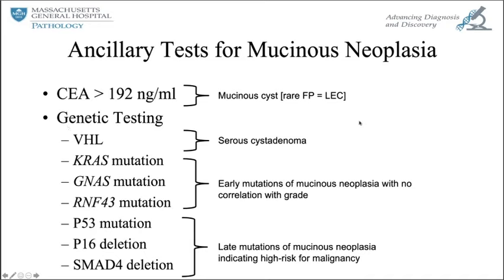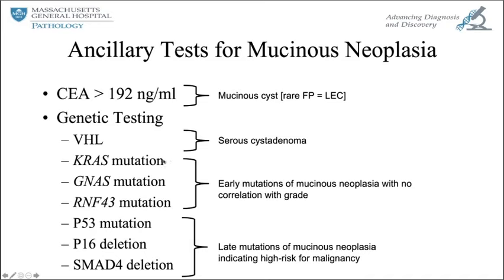Now, a genetic test can be very helpful in that, as I mentioned earlier, a von Hippel-Lindau gene defines it as a serous cystadenoma. A KRAS mutation defines it as a mucinous cyst, as does a GNAS and a RNF43. These mutations are early mutations of mucinous neoplasia, but they do not correlate with grade. A GNAS mutation signifies an IPMN.